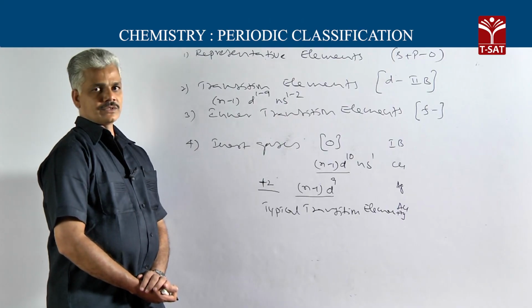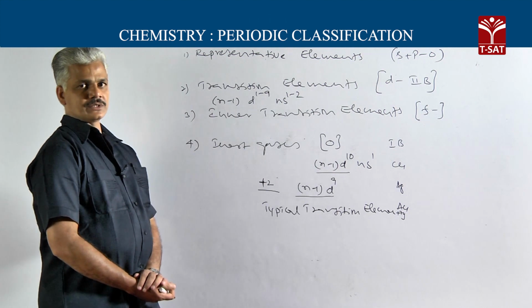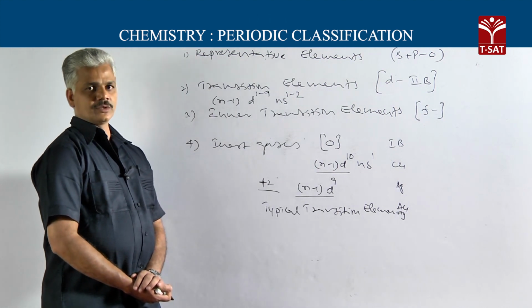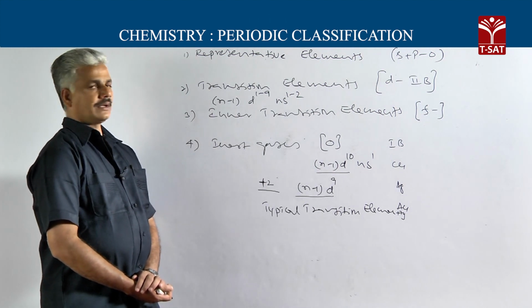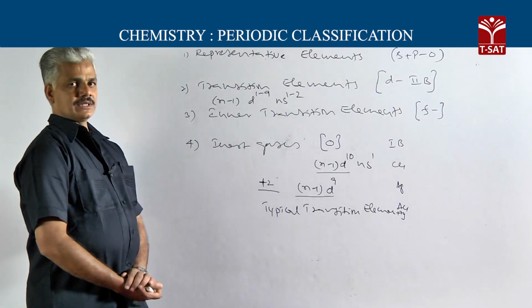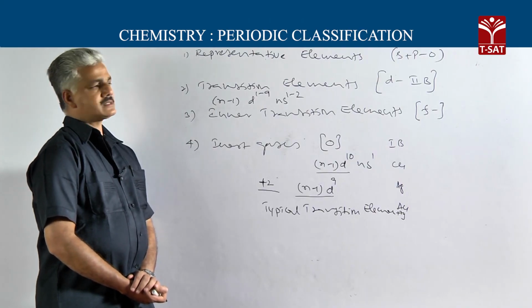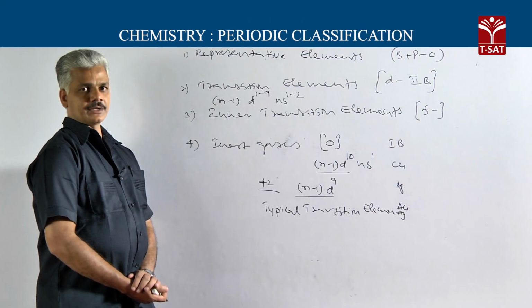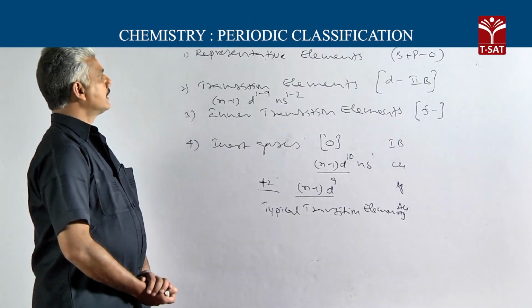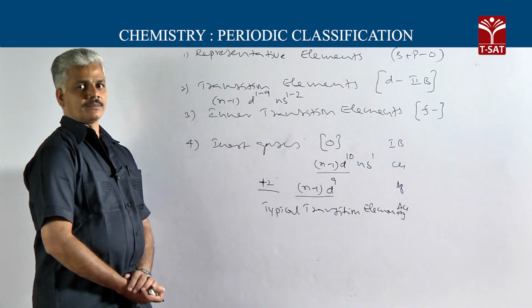The first and foremost one is classification of elements into periods and groups, which was done by Moseley based on the atomic number of the elements. Further classification is into SPDF blocks, which is based on electronic configurations, and the third type of classification is based on chemical properties.